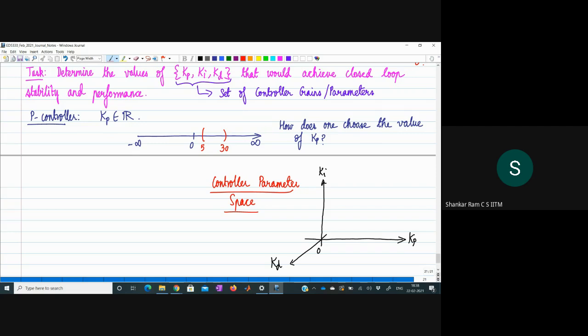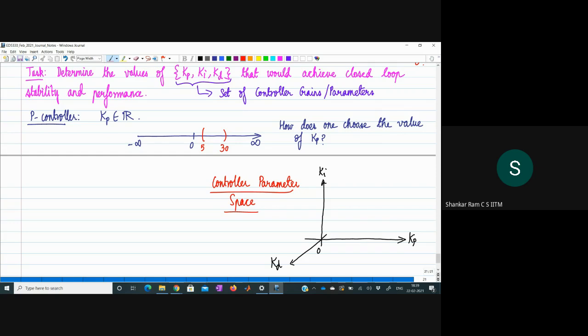Consequently, we can immediately observe that as we go to more and more complex controllers, the dimension of this controller parameter space keeps on increasing. And finally, when we want to implement, we want only one point in the space. So how do we select it?